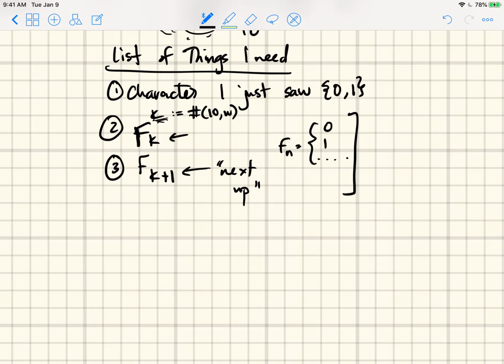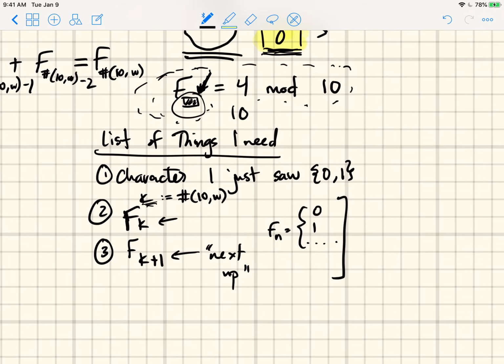And we should also talk about what sets these entail. Now, if we weren't talking about mods, we'd be kind of screwed because the Fibonacci numbers are not bounded, right? But we're asking for the Fibonacci numbers mod 10. Yeah, I miswrote this. We're asking for the Fibonacci numbers mod 10, okay?